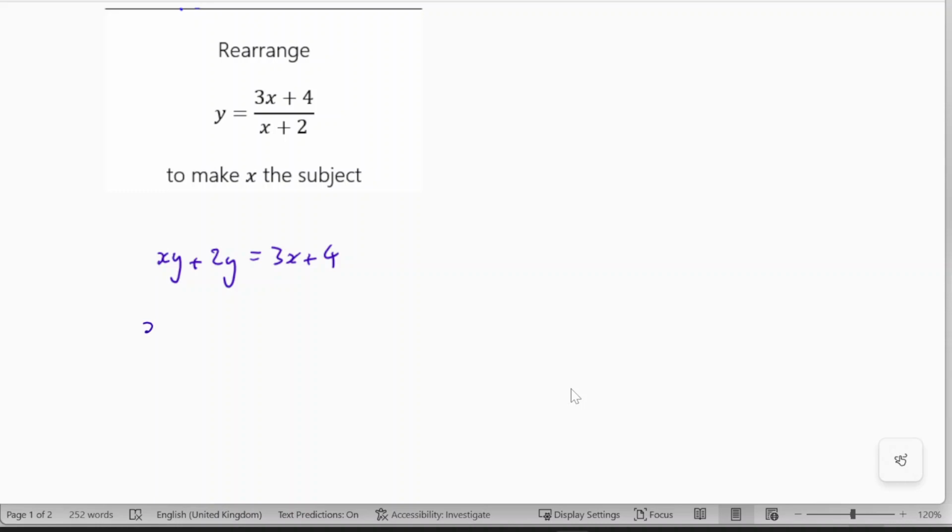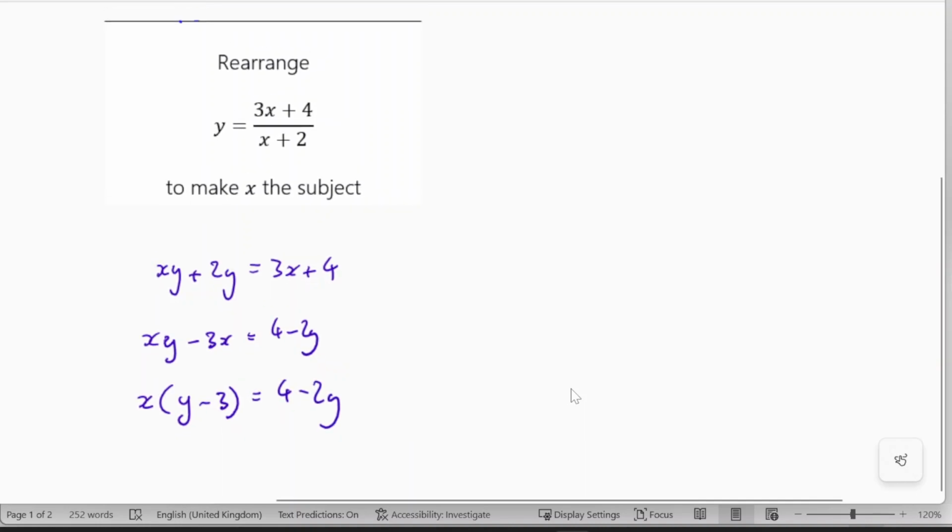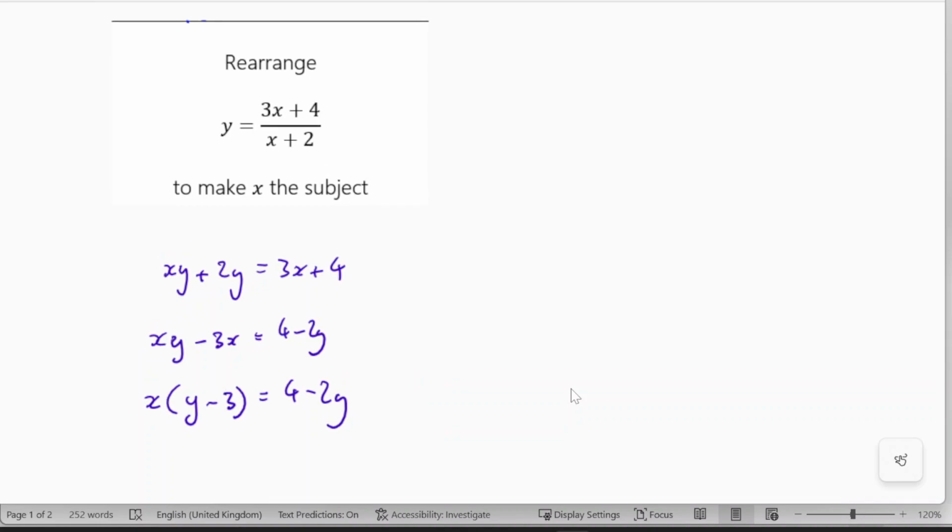So xy minus 3x is going to be equal to 4 minus 2y. I'm then going to factorise by taking x out as the common factor. y minus 3 is going to be equal to 4 minus 2y. I'm then going to divide both sides by y minus 3. So that's going to give me x is equal to 4 minus 2y divided by y minus 3.